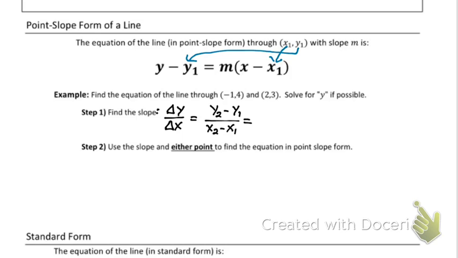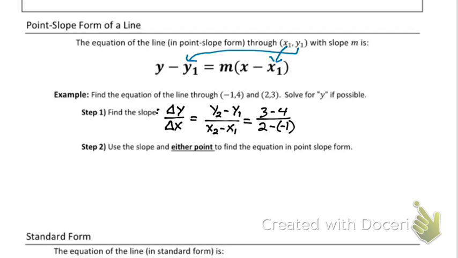So in the example above, we're going to have 3 minus 4 for our change in y. And for our change in x, we're going to have 2 minus a -1. Now, it really doesn't matter which one you call your second point, which one you call your first point. I usually just, whatever second one is listed, I call that my second point.